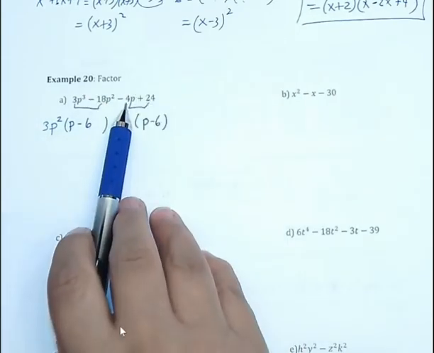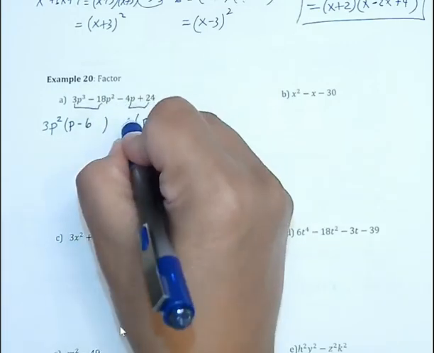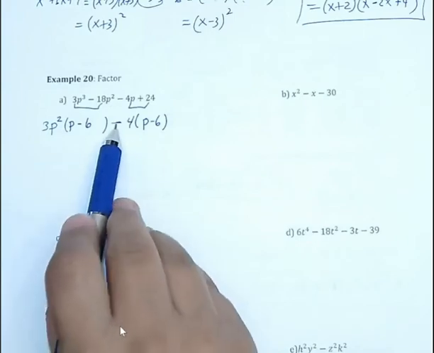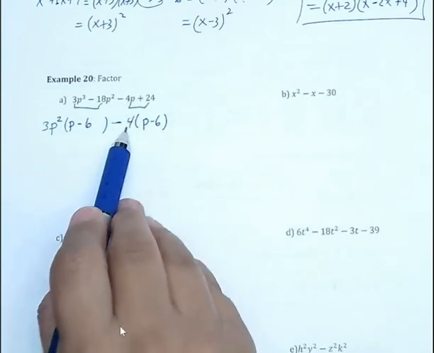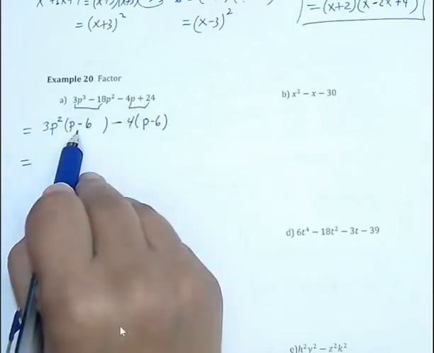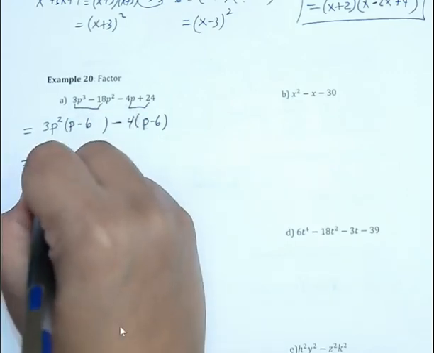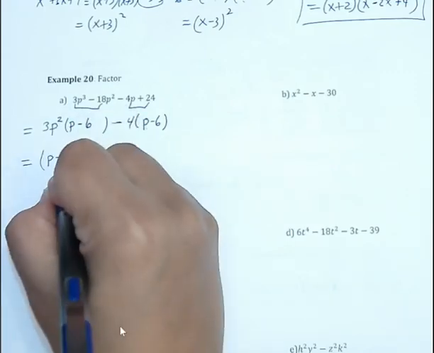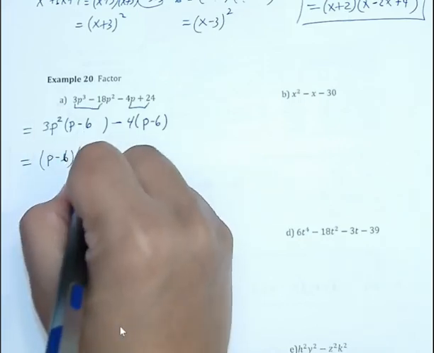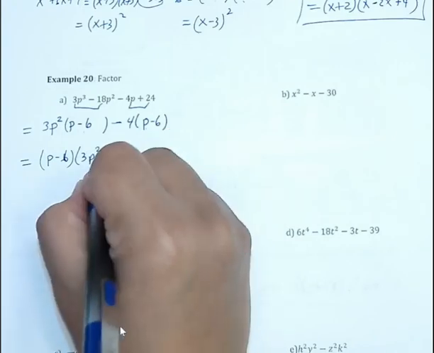The greatest common factor of 4 and 24 is 4. I need the 4 to be negative. So negative 4p is negative 4p, negative 4 and negative 6 is 24. They have a p minus 6 in common, so we can factor that out. If I factor p minus 6 out, I'm left with 3p squared and minus 4.